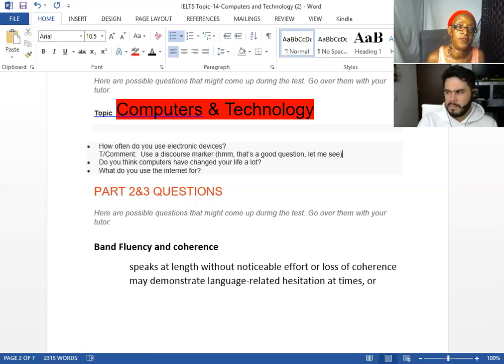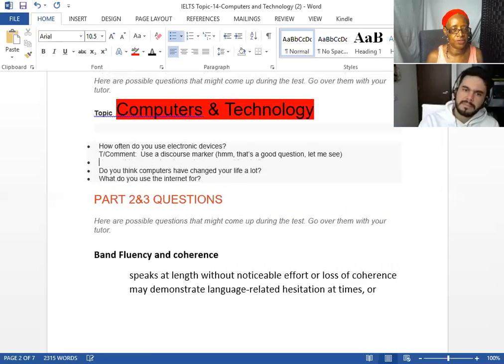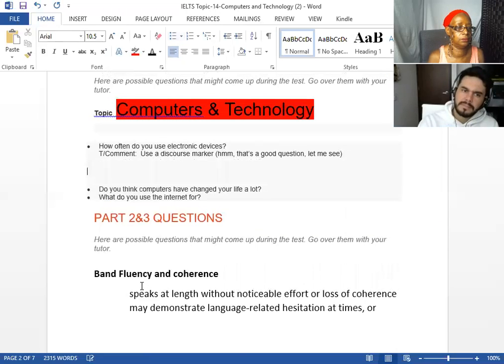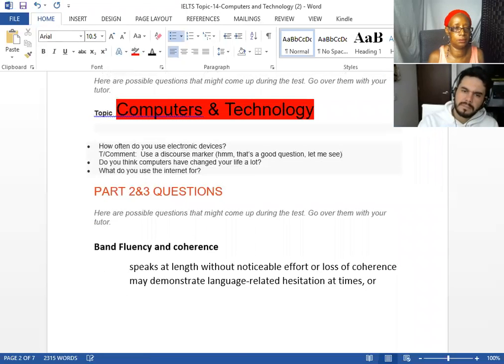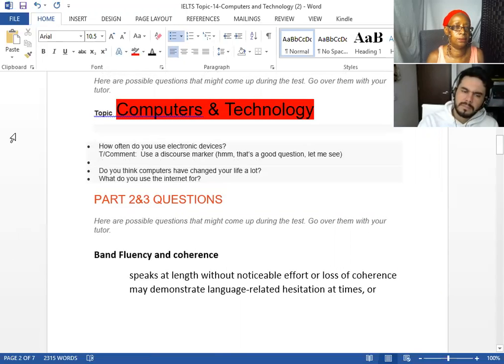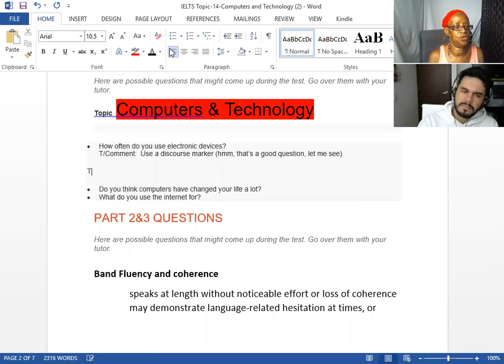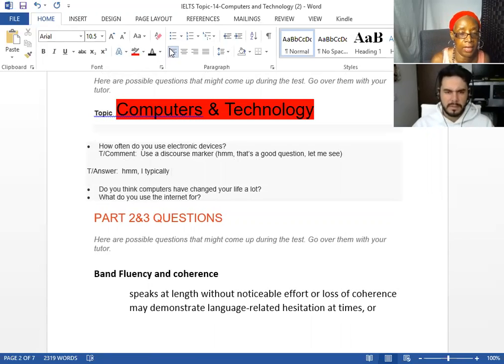So how often do you use electronic devices? Now here's the answer. Teacher answer. I typically, that's my, I'm going to put A for academic vocabulary.